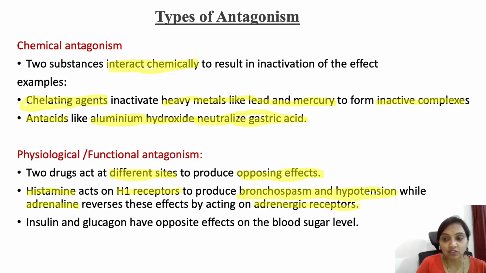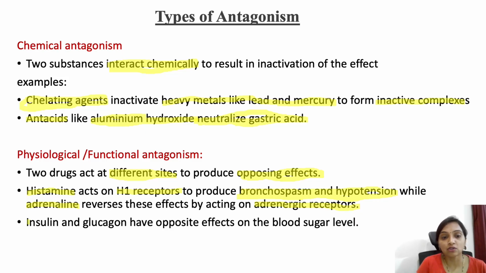They act on different receptors, but they produce opposing effects. One is producing constriction, one is producing dilation. So hypotension is because of vasodilation. Adrenaline will produce vascular constriction through alpha 1 mediated action, and then they produce hypertension. So this is the opposing effect.